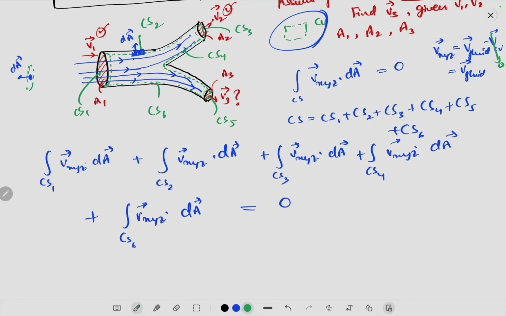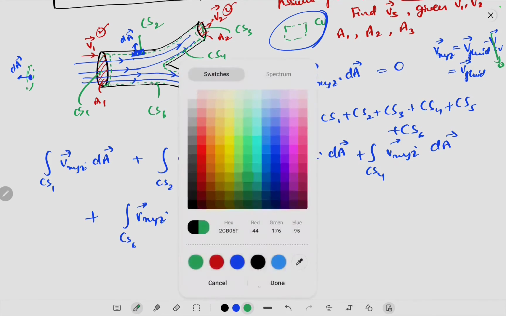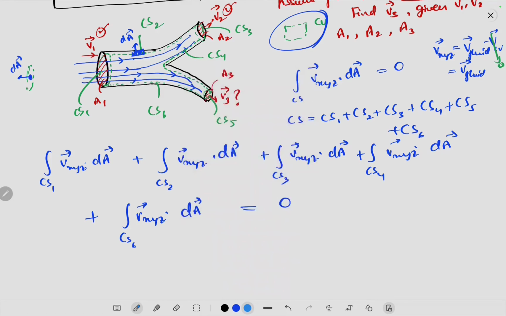Now just see this control surface. What can you say about vxyz dot dA vector on CS2? What can you say on this surface?